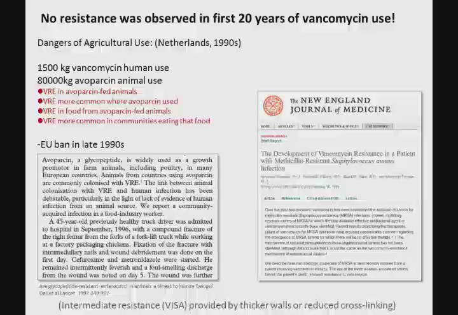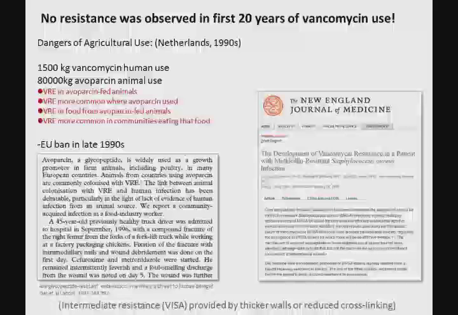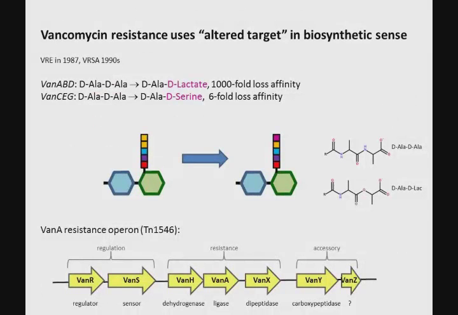So we know it's very dangerous that bugs can become resistant to this drug of last resort. How do they do it? And it's really neat. It's acquired resistance of an altered target in the biosynthetic sense. So if we go back to our beta-lactam lectures, we've got our PBPs, and we can mutate them to an alternative form that will no longer react with beta-lactams.